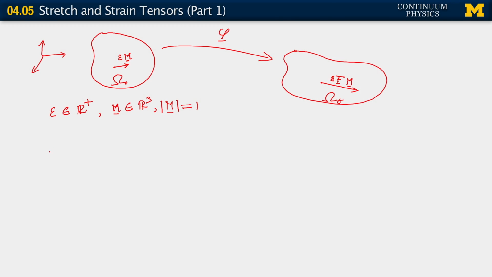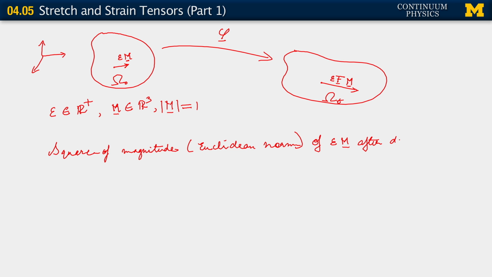We can ask ourselves, if this thing gets mapped forward, let's calculate the square of the magnitude, the Euclidean norm, of the deformed vector epsilon m after deformation.